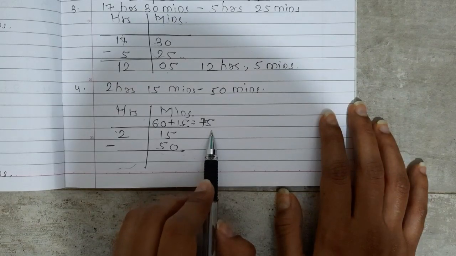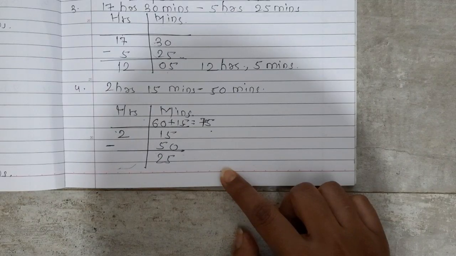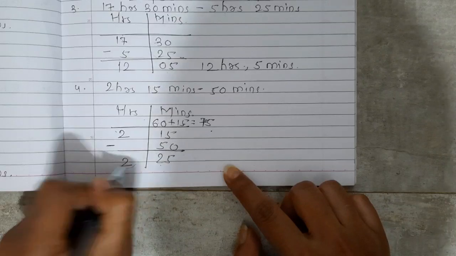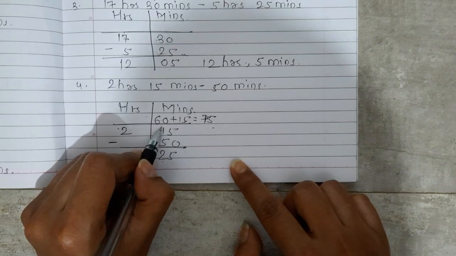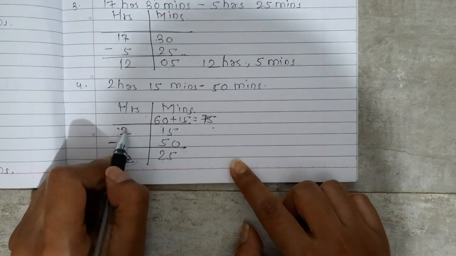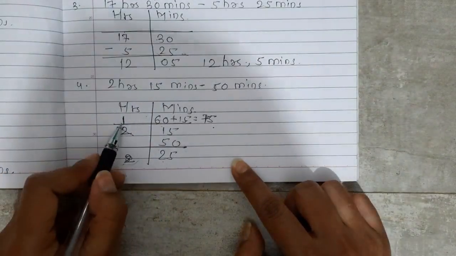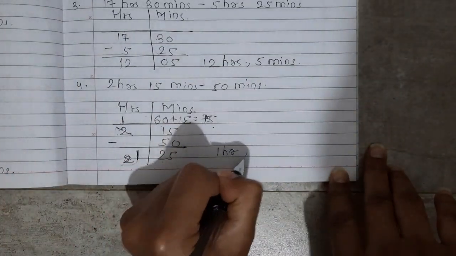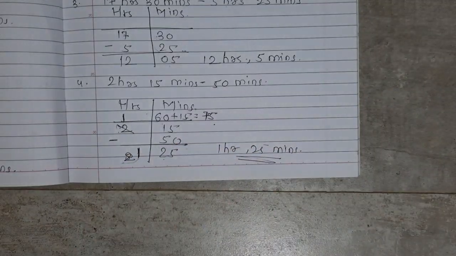So 75 minus 50, 25 minutes. We have taken 1 hour from this side, so we have to deduct it. 2 minus 1, 1. 1 hour 25 minutes is the answer.